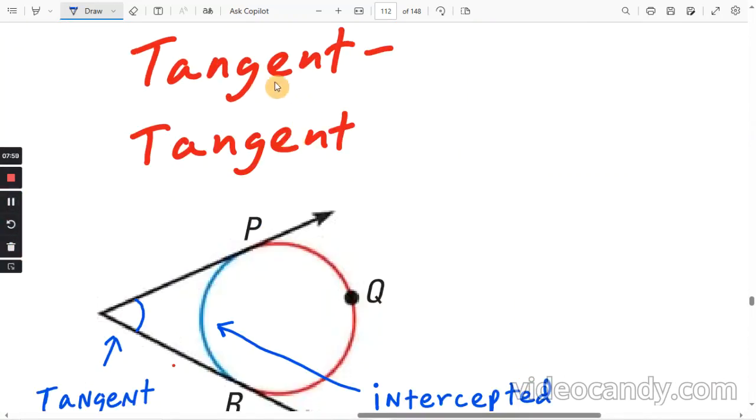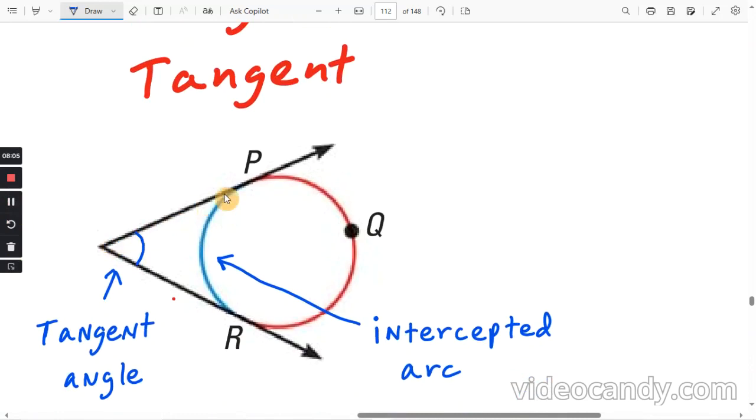All right, for the tangent-tangent case, I am going to show you a shortcut. It's called tangent-tangent because these lines are both tangent. If you take the tangent angle and you take its intercepted arc, in other words, the first one that it intercepts, and you add the tangent angle and the arc, that's going to add to 180.